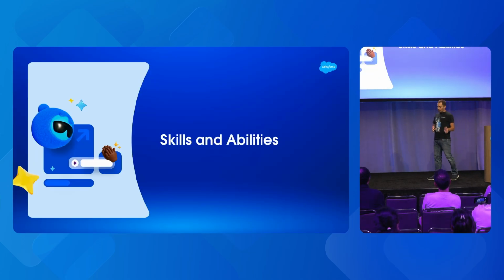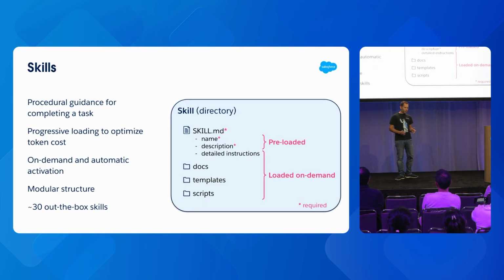Now, let's talk about something else, skills and abilities. The more you bring in MCP tools, the more complexity you add on the platform. And so to structure this, we've released two tools that help you, skills and abilities. Skills are a replacement for rules, I would say, because they have one key advantage over rules. They're loaded on demand.